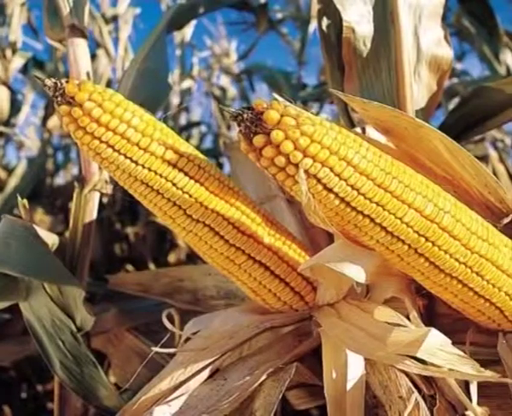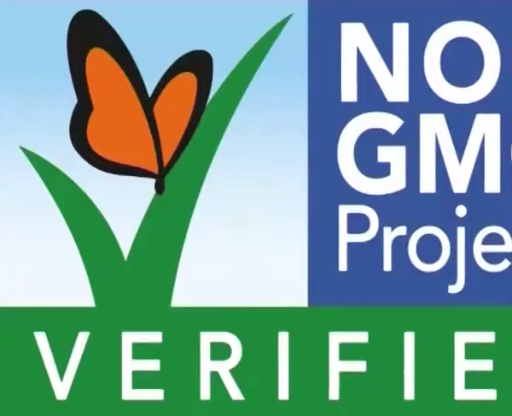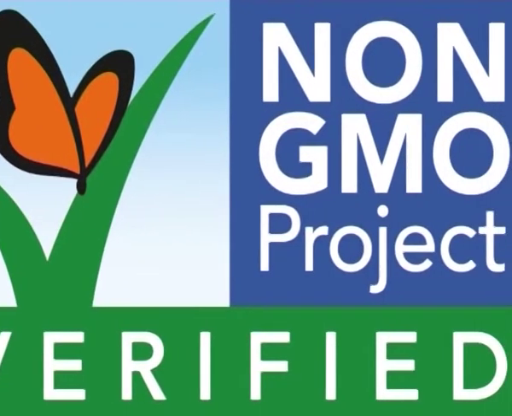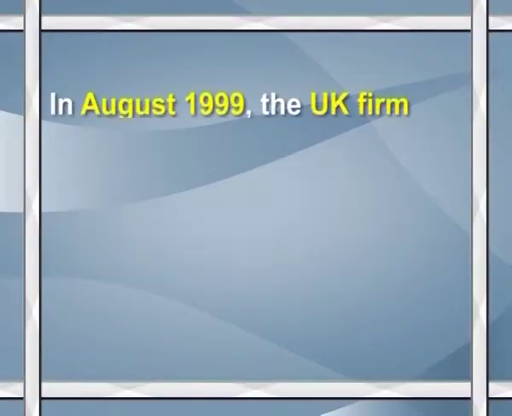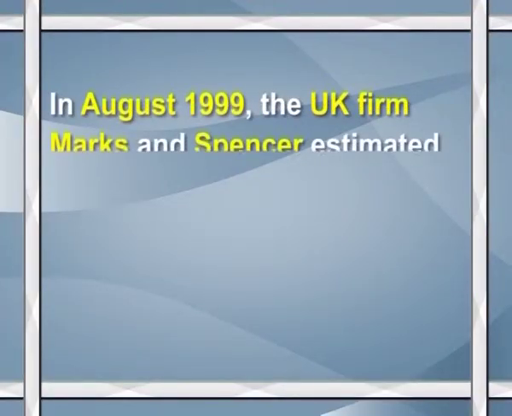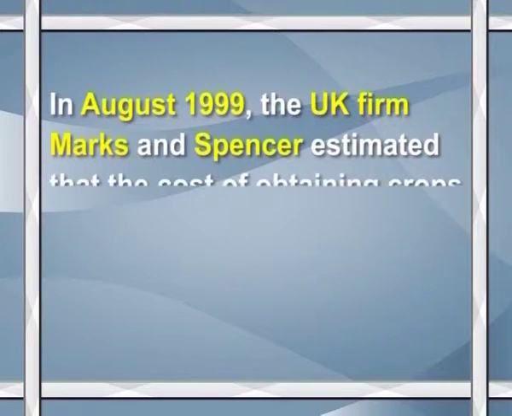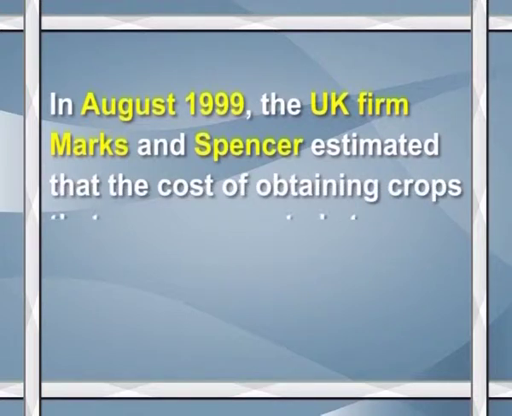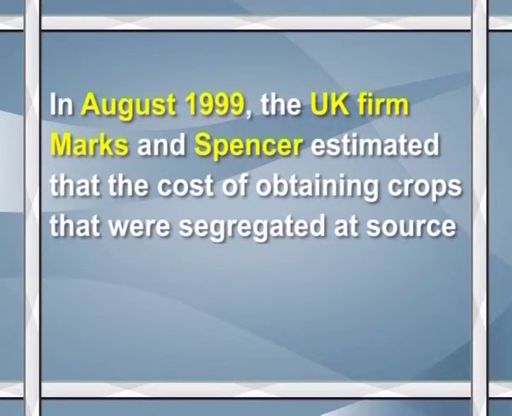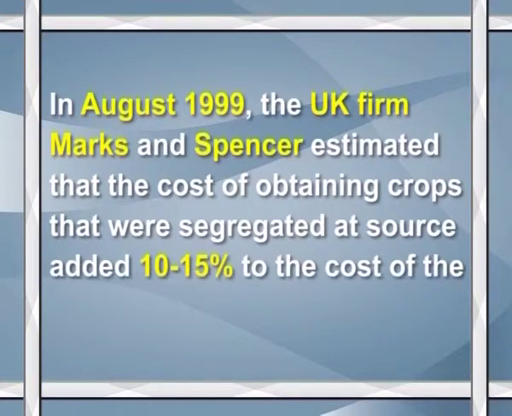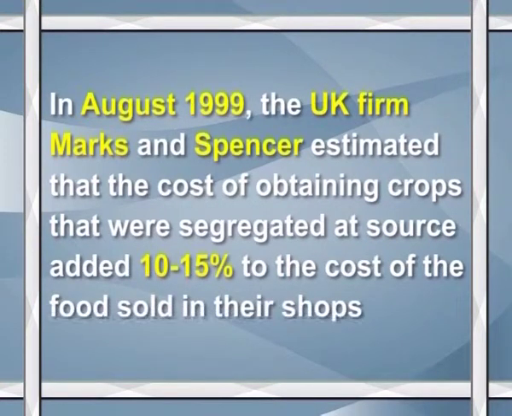As the proportion of GM soya and maize on the world market increased, food producers and retailers tried to obtain certified non-GM material. In August 1999, the UK firm Marks and Spencer estimated that the cost of obtaining crops that were segregated at source added 10 to 15% to the cost of the food sold in the shops.